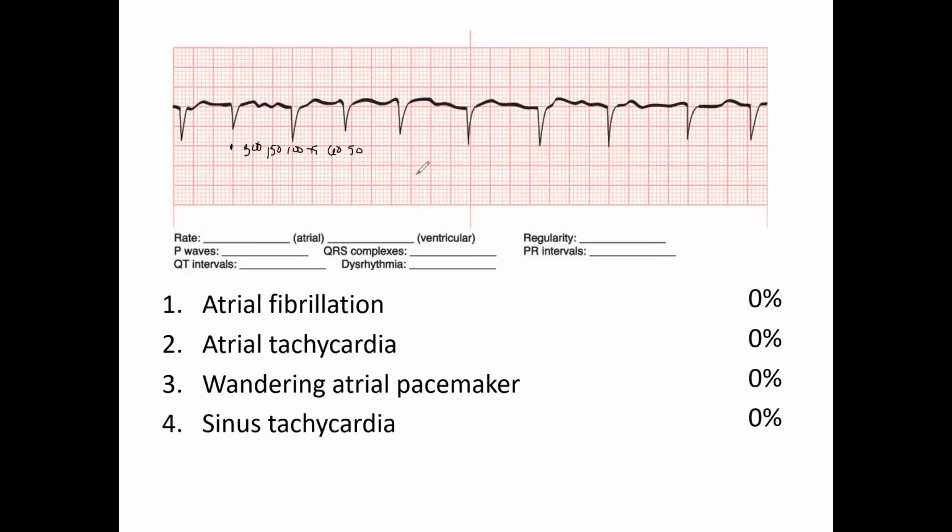When you get into your irregularities, for instance, if we went over here and did those calculations, the 6-second method still demonstrates that we have a rate of 100. Our rule of 300, let's see here. If we have 300 divided by 4, that would end up being 75.